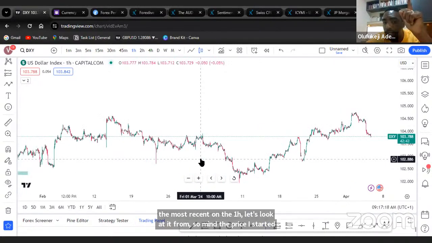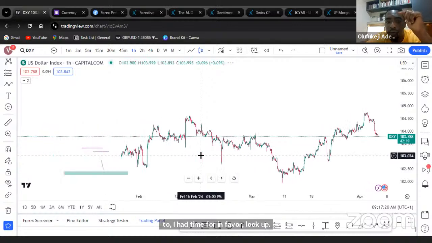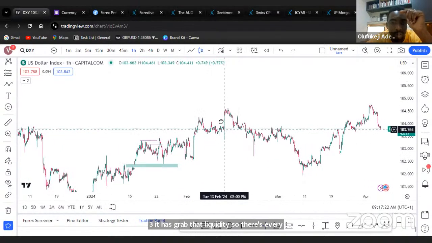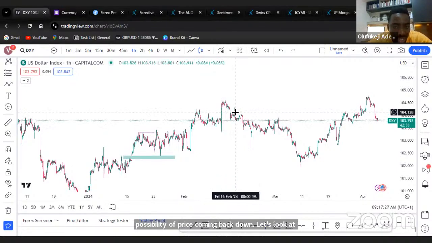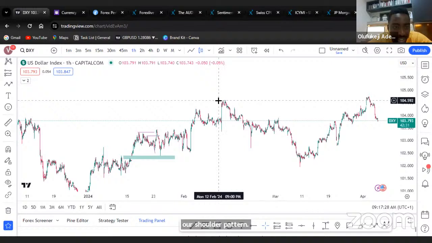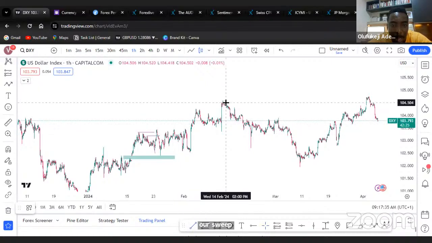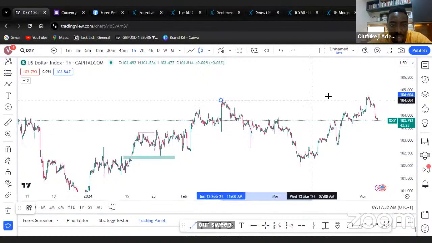So it has grabbed that liquidity. So there's every possibility of price coming back down. Let's look at our shoulder pattern. So that's our previous shoulder. That's it right there. That's our sweep. That's our shoulder there. And that's our sweep.